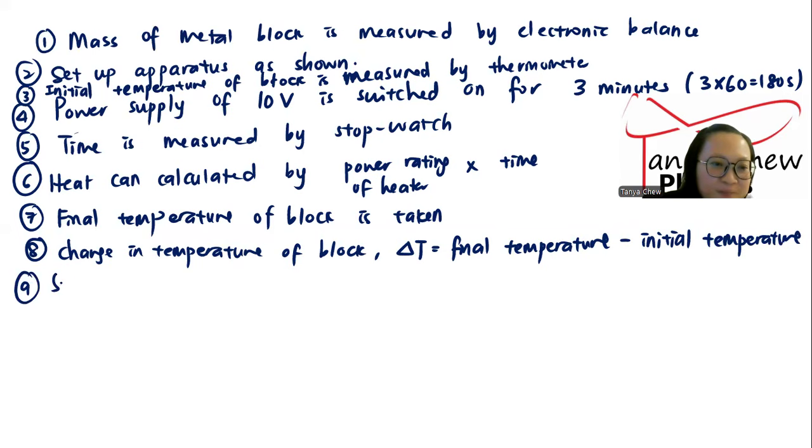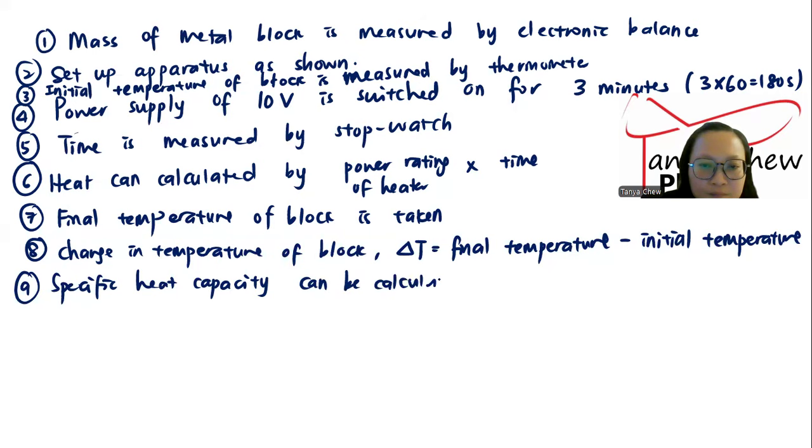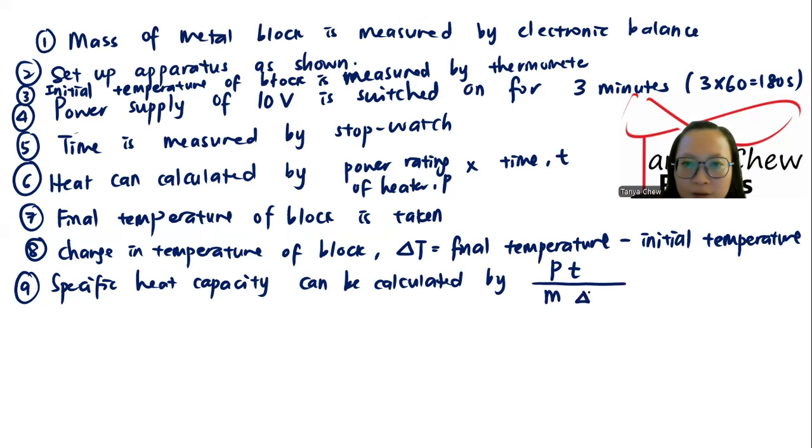So number 9, specific heat capacity can be calculated by P, power, times T over M delta T, where M is the mass of the metal block. Just put it simple, right?